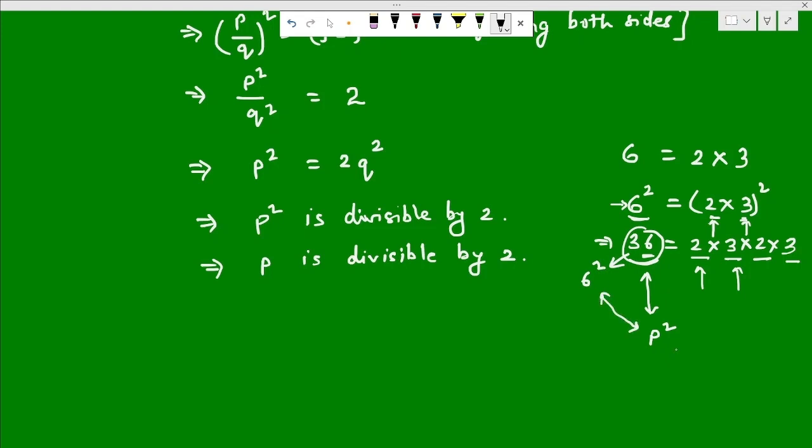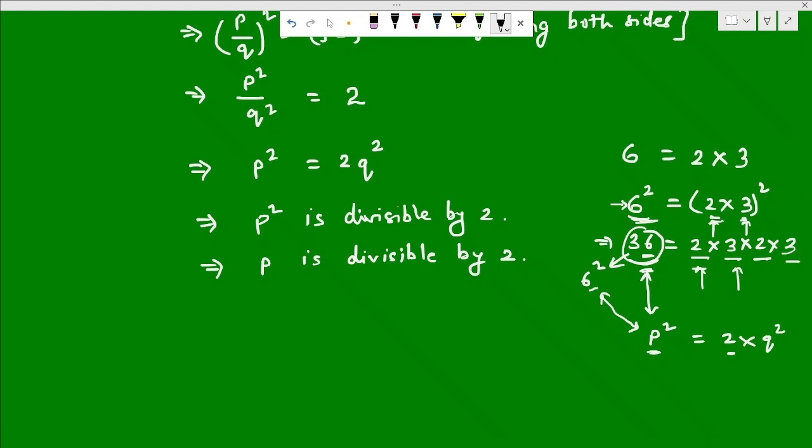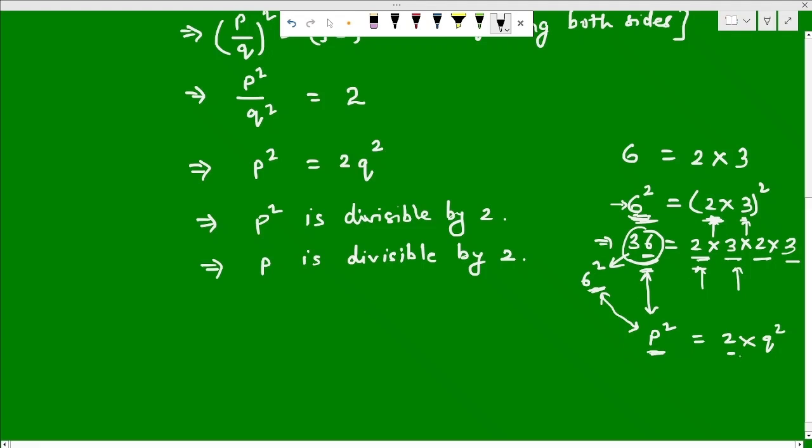So consider this situation: in place of 6 we have p. Since p square is divisible by 2, we have two factors, one is 2 and another is q square. If p square is divisible by 2, like 36, the square of 6, is divisible by 2, then 6 is also divisible by 2. Therefore, since p square is divisible by 2, p will also be divisible by 2.